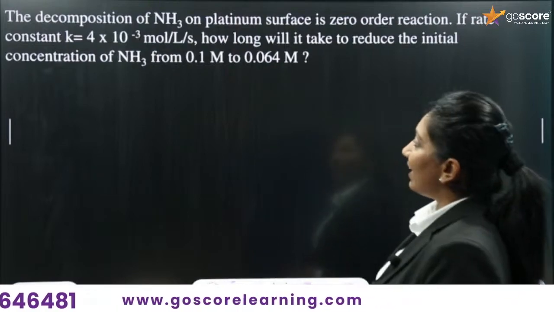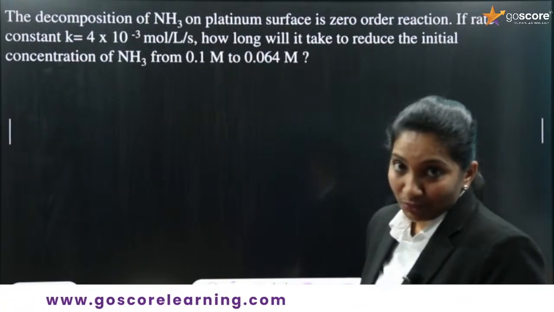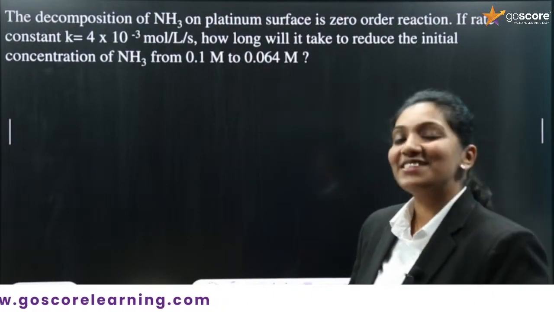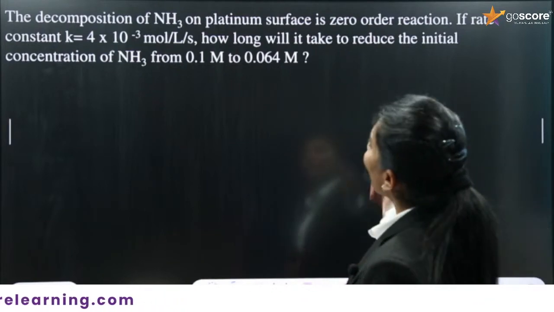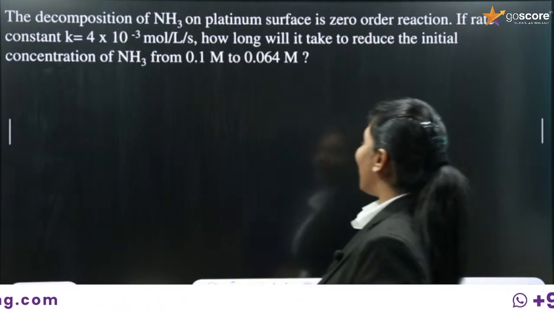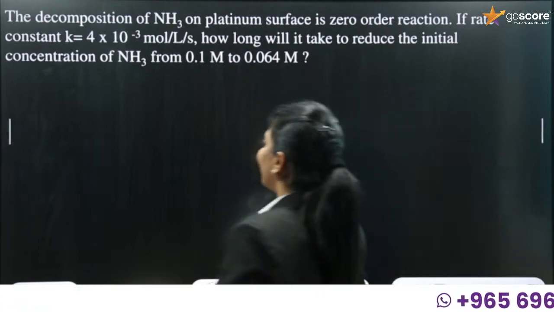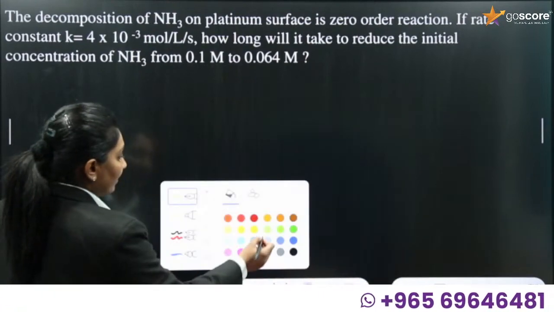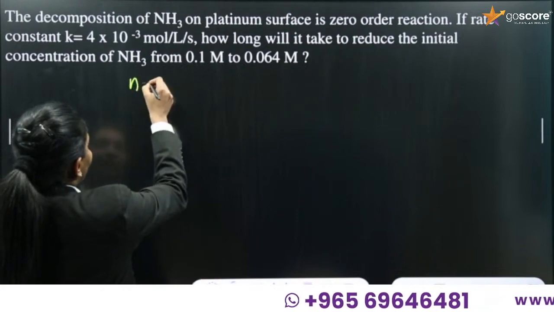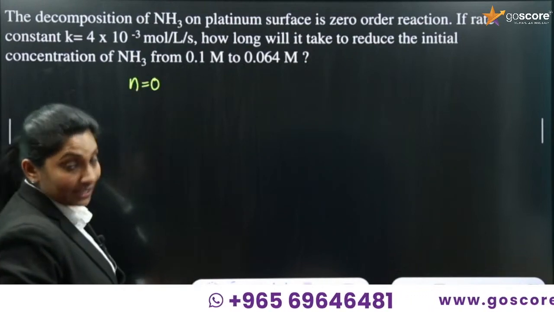The first one is the decomposition of ammonia, which we already said is a zero order reaction. The decomposition of ammonia on platinum surface is a zero order reaction. It's clearly mentioned that it's a zero order reaction, so the order will be 0.